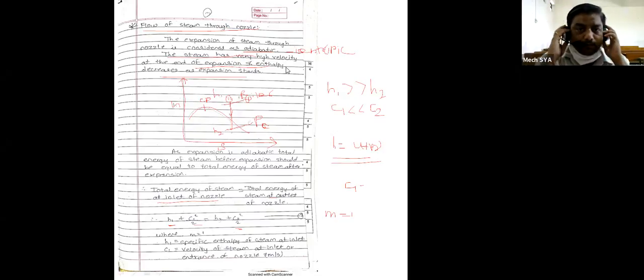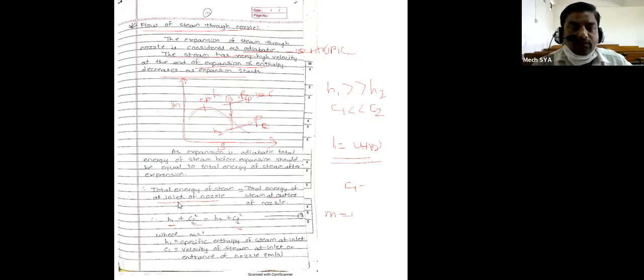Okay, so once again, I will repeat. The total energy at inlet is equal to the total energy at outlet, and suffix 1 represents inlet and suffix 2 represents outlet or exit.